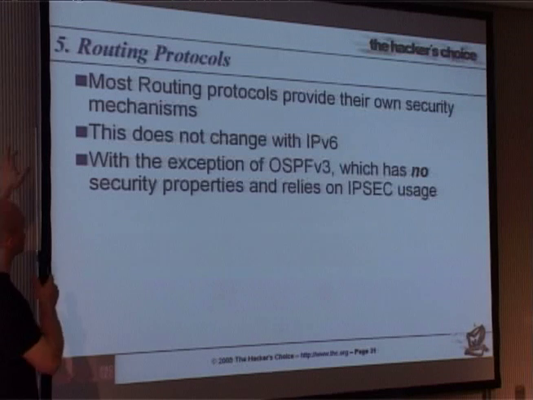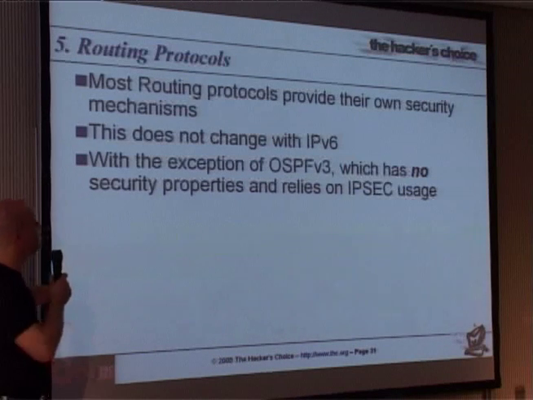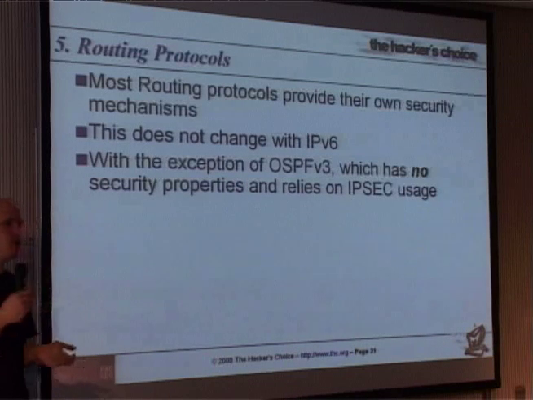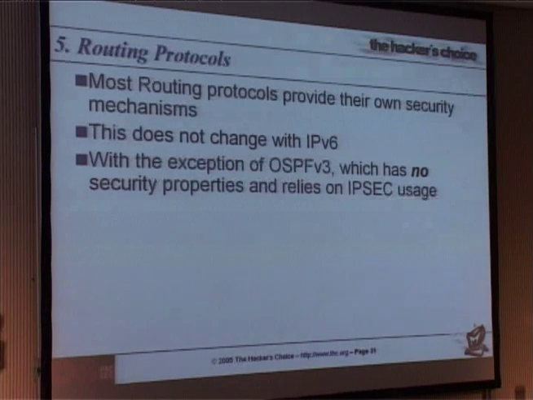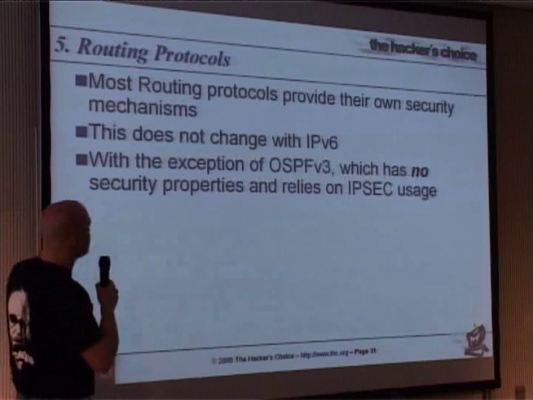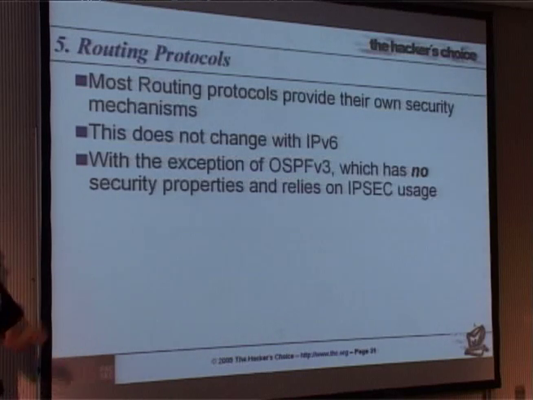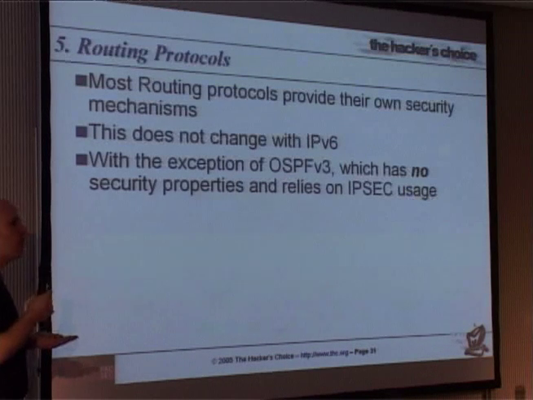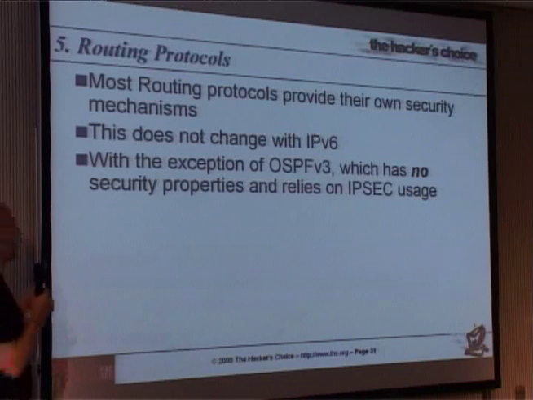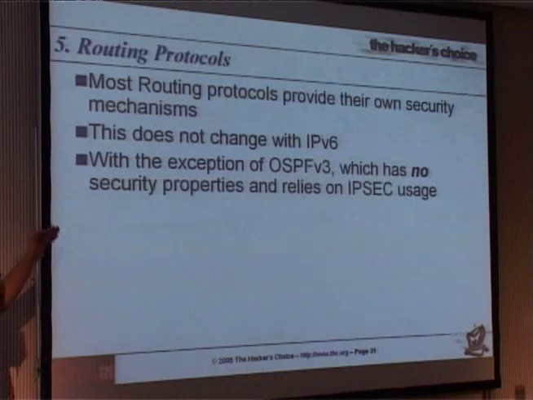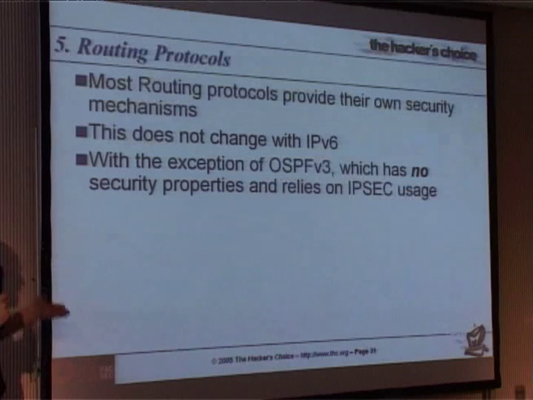In IP version 4, normally the routing protocols provide their own security mechanism, like MD5 authentication on OSPF, BGP and stuff. This does not change in IP version 6 except for OSPF version 3. And now we come back to that question about what about IPsec? IPsec is included in IP version 6, so it should solve all your problems. In theory, yes. The OSPF working group also thought, hey, IPsec is there, let's do that.